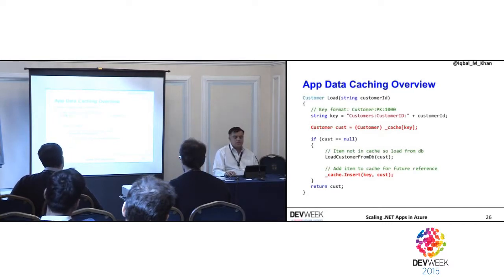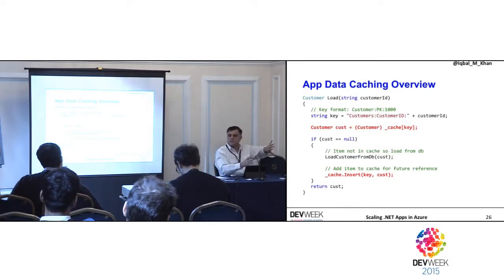This technique is where the application directly goes to the database, gets the data and puts it in the cache, so the next time it will find it in the cache. The cache is on the side and your application is talking to the database. The other strategy is where the application always talks to the cache and there's server-side code.